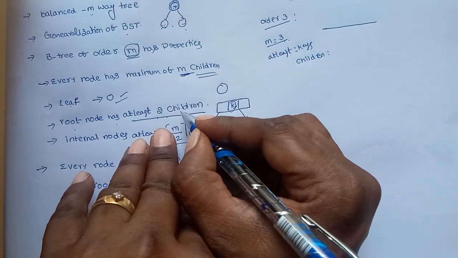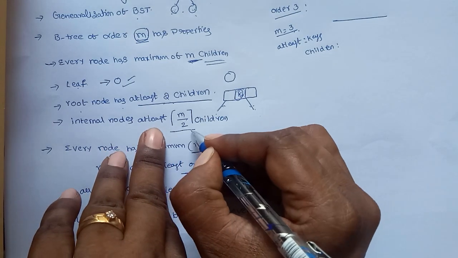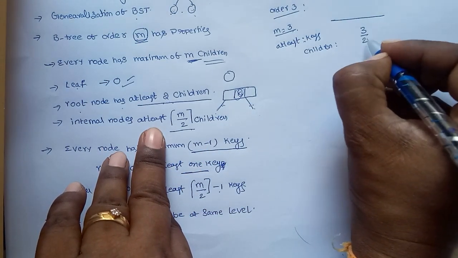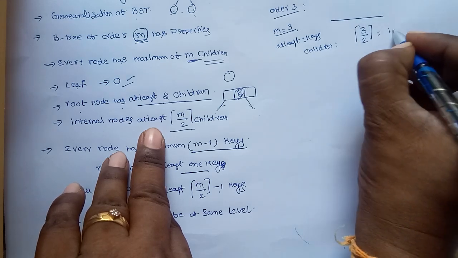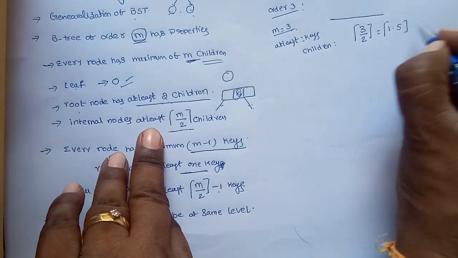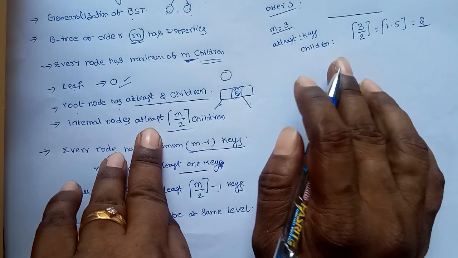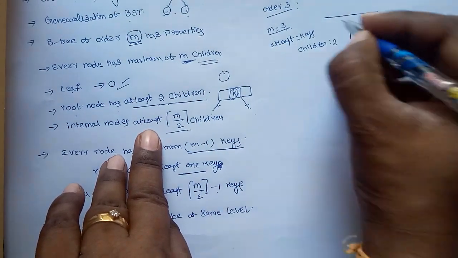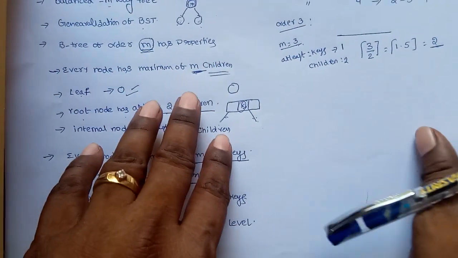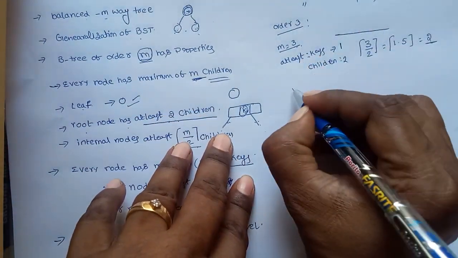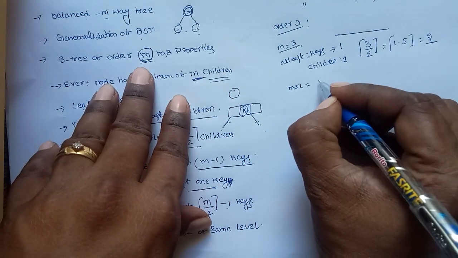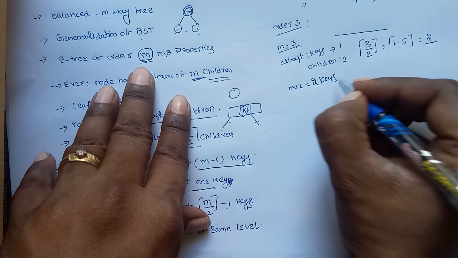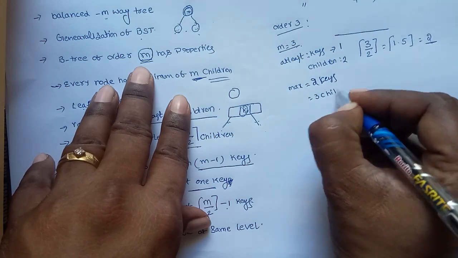That means the root contains at least 1 key, and all internal nodes contain m by 2, that is 3 by 2, which is 1.5. Ceiling of 1.5 means 2. That is, all the nodes contain at least 2 children. Automatically it contains at least 1 key, and a maximum of 3 minus 1, that is 2 keys and 3 children.